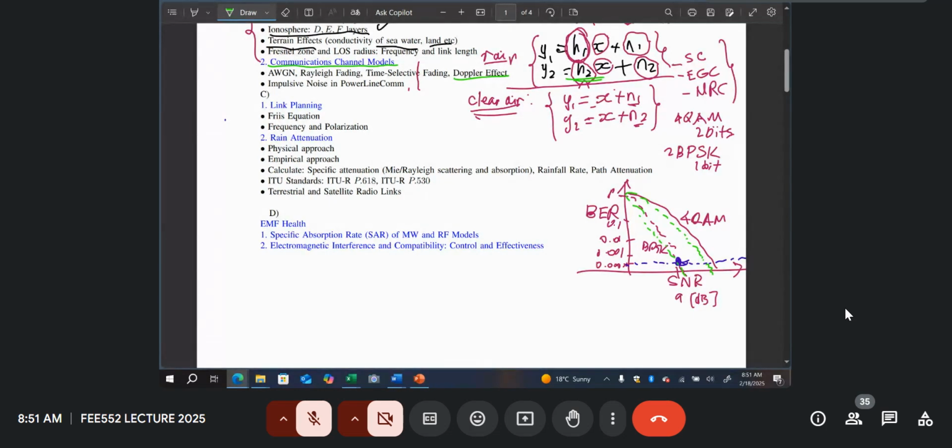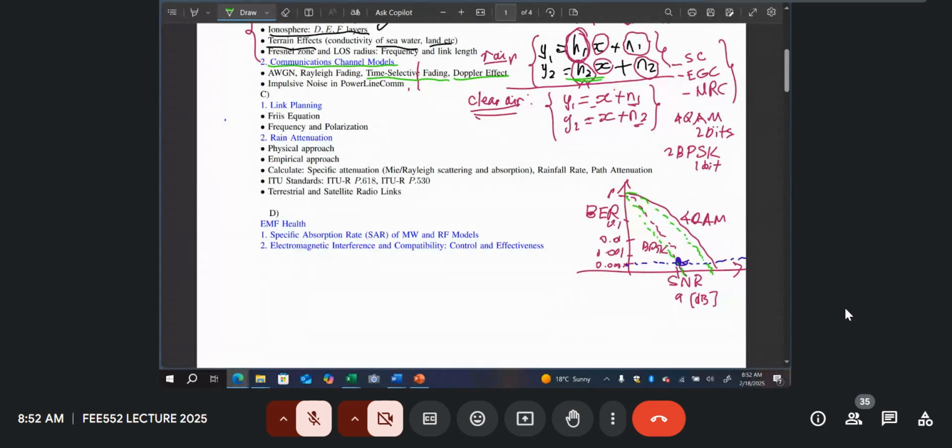But if it were to change in time, then it is called time selective fading, which will lead to that Doppler effect where the center frequency changes. And that now gives you a lot of problems. There's a certain speed at which you can go in your car so that you don't experience that Doppler effect. Again, that you'll have to determine. And how do you calculate the Doppler frequency?